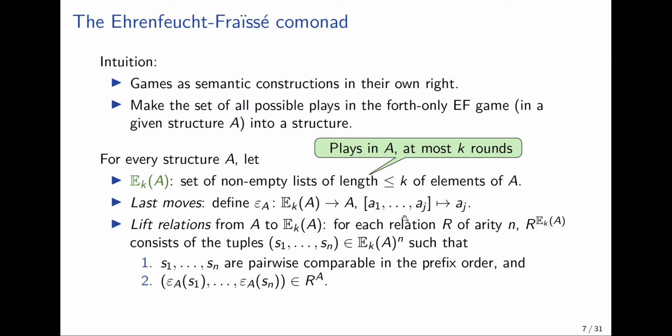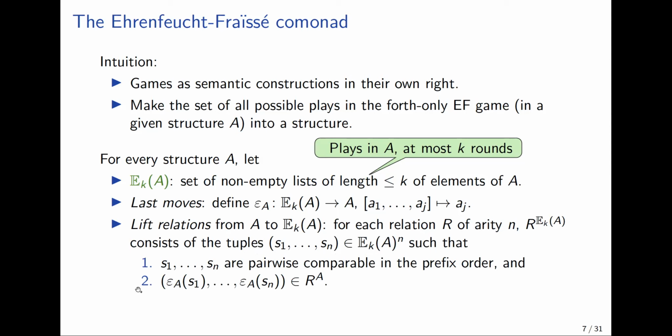So whenever you have a relation symbol R of arbitrary arity n, its interpretation in E_K of A will consist of the tuples (s_1, ..., s_n) of sequences that satisfy the following two conditions. The first condition says that these sequences are pairwise comparable in the prefix order.